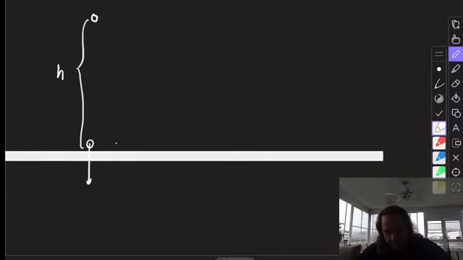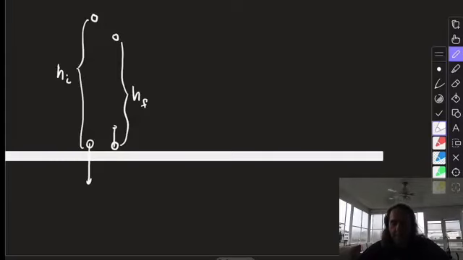And then the ball is going to bounce off the ground and come back to a final height. So we'll have an initial height and a final height. We don't ever have to actually measure the velocity. We can say that mgh_i is going to be equal to 1/2 mv_i squared, or I guess i for initial.